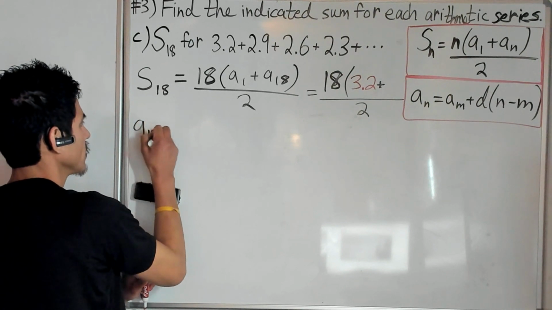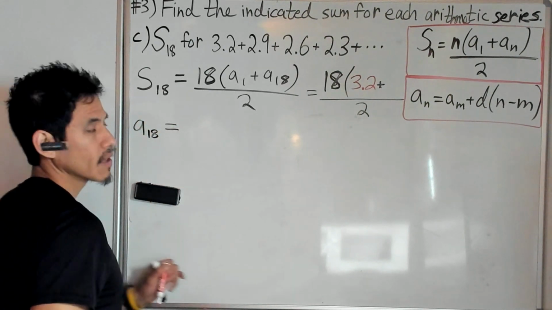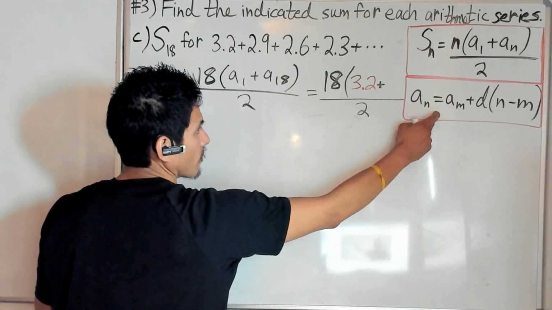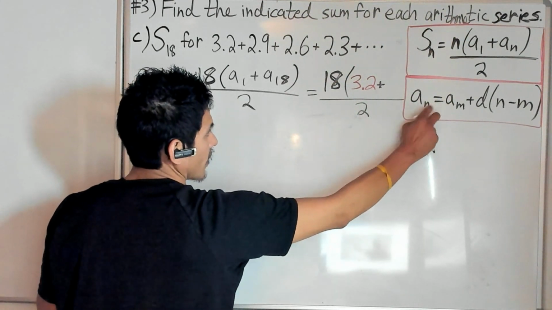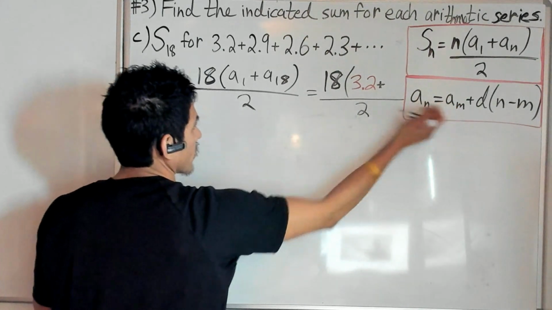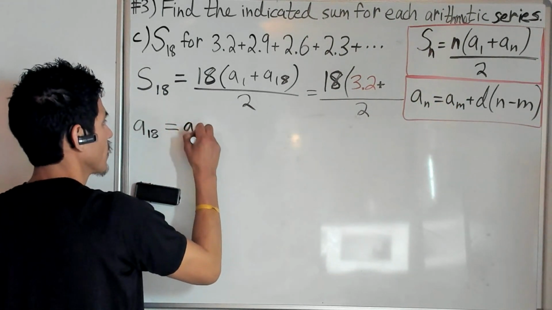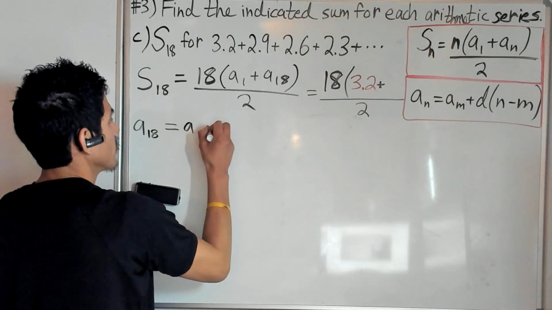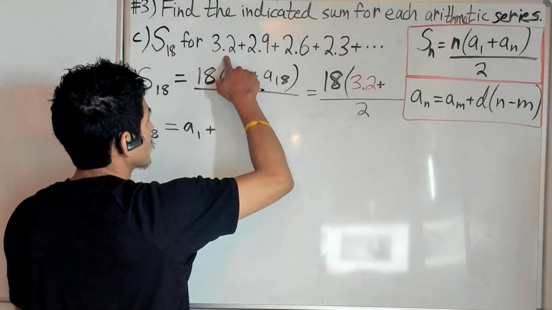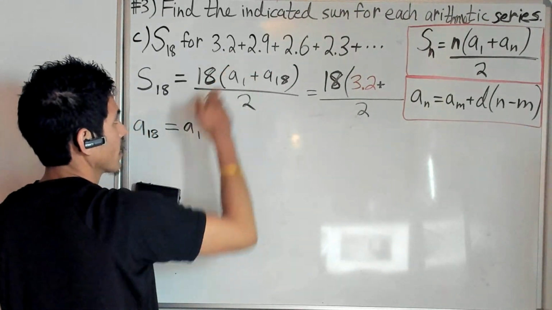So to find the 18th term, we're going to use this equation. And so we're going to have n be 18. am could be anything. We'll just make am a1. d, our common difference, is what the sequence is changing by each time.